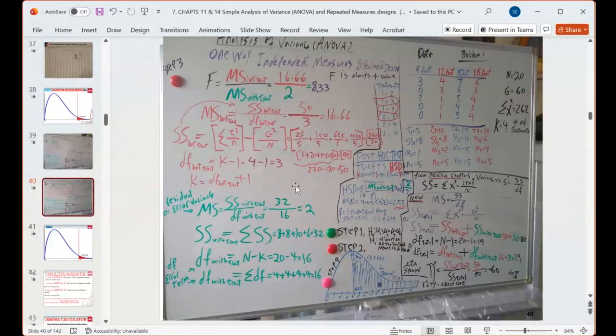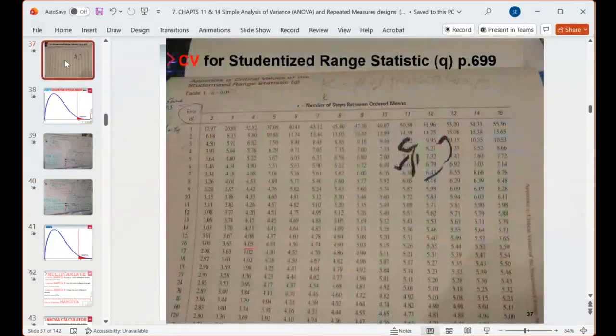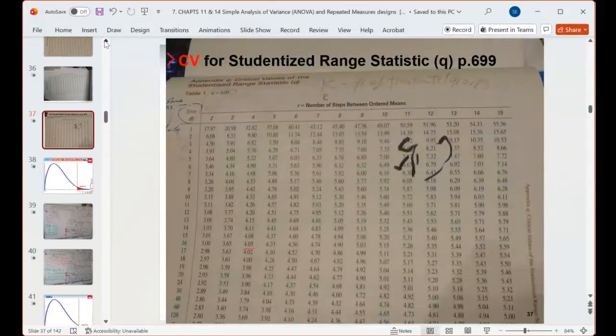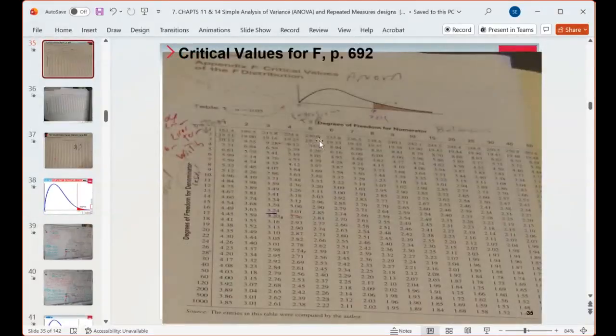So 4 is between, go back, our numerator is 4, the row. It says DF between is 4, and you go down all the way to 16, which is our DF error or denominator. And you will see where that red line is.